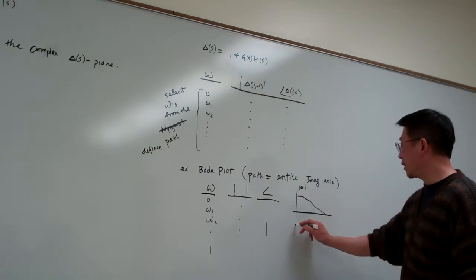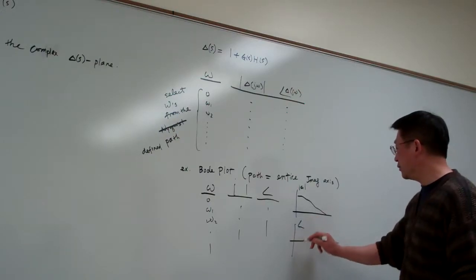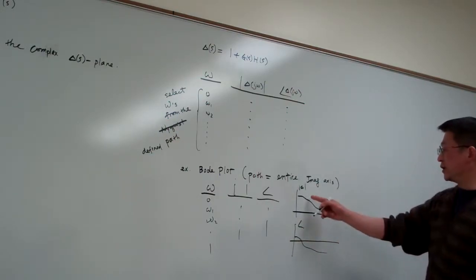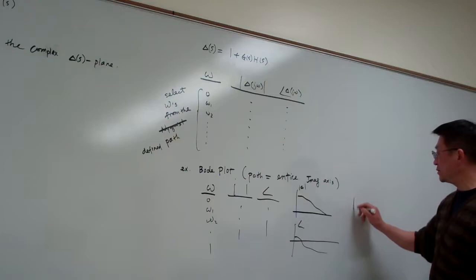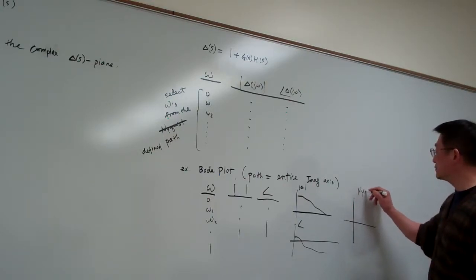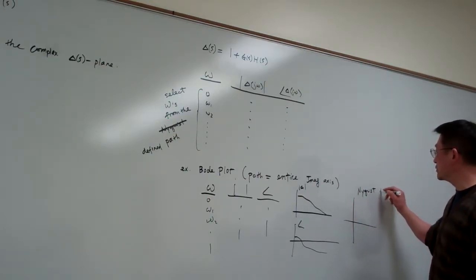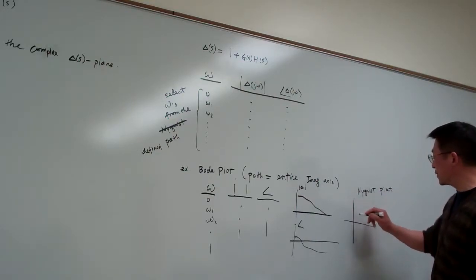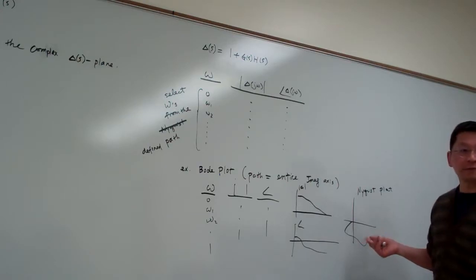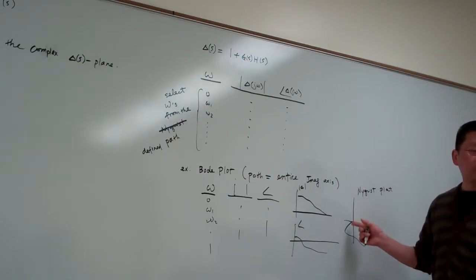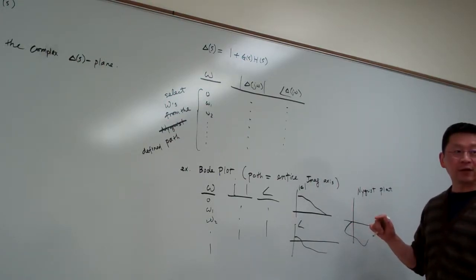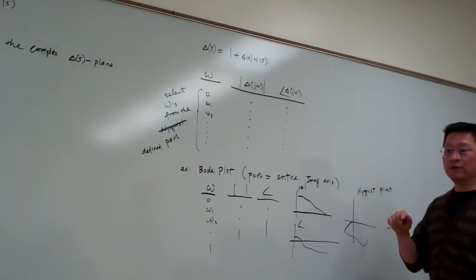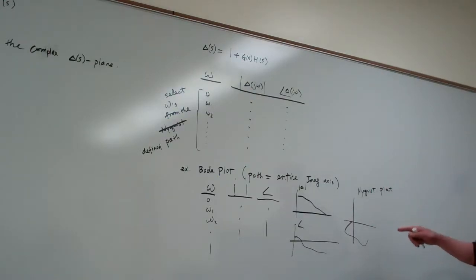Based upon the magnitude and the phase, we can make the Nyquist plot we introduced last time. So the Nyquist plot could be something like this. That is what we did last time in our lectures, so if you like, you can refer to the lecture notes we posted.